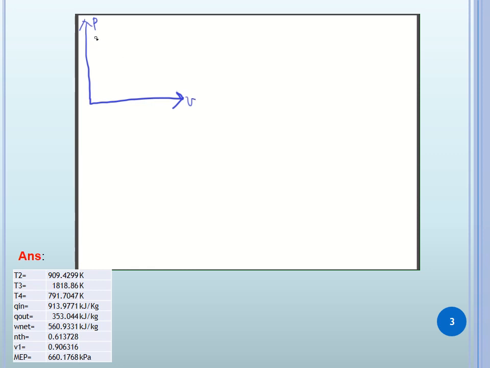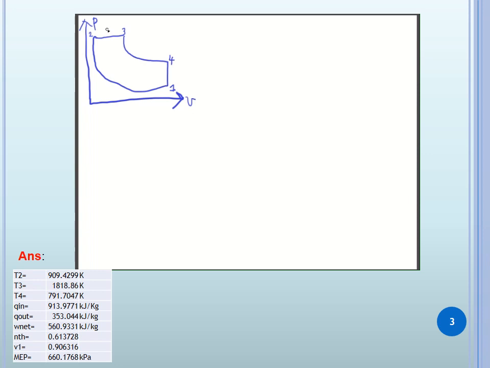We know that it's a diesel cycle, so pressure is constant at 2 and 3. It starts from the compression process, 1, 2, then 3, 4.